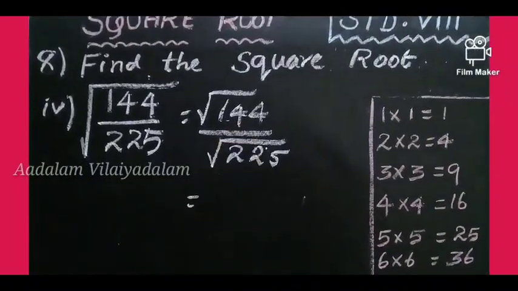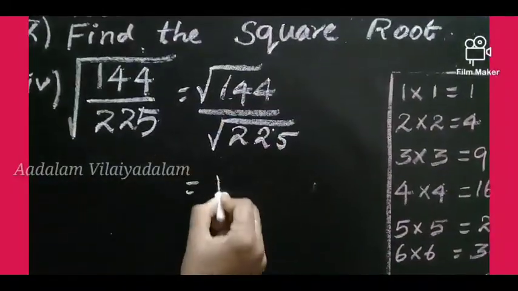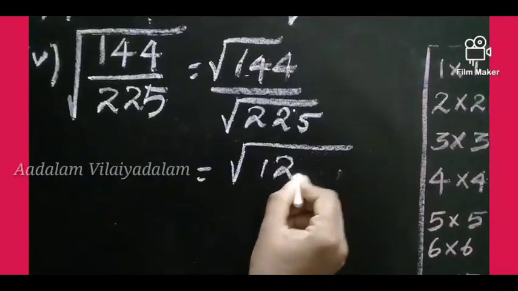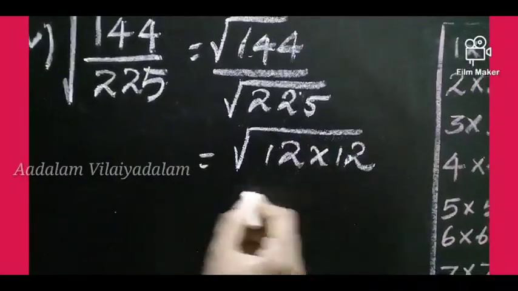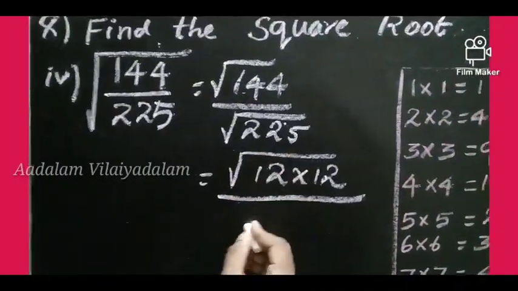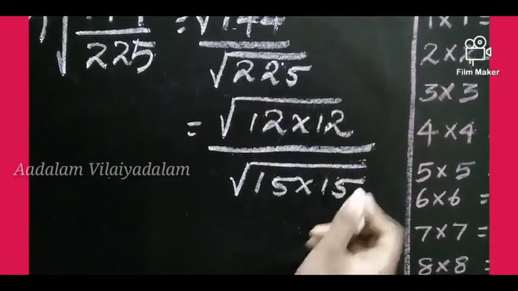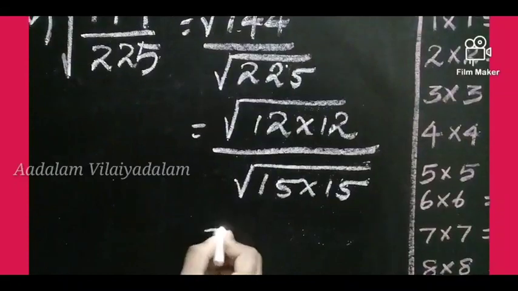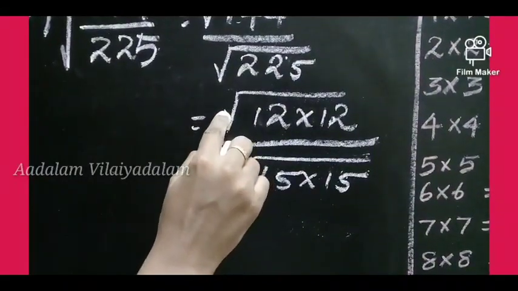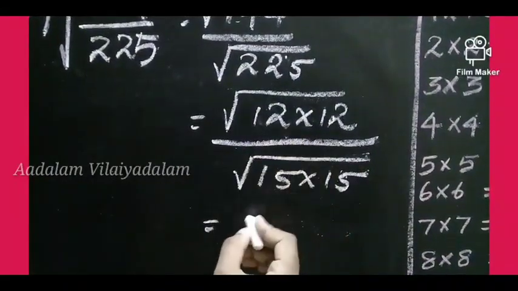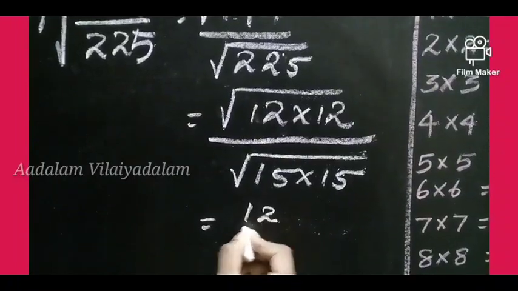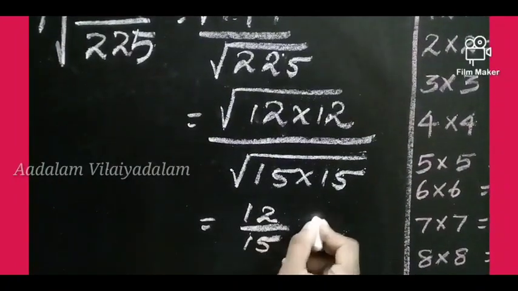We know the prime factor method. So 144 here, 12 12s are 144. 225 here, 15 15s are 225. So square root means we have to take pair of numbers, take one number. 12 divided by 15 is the answer.